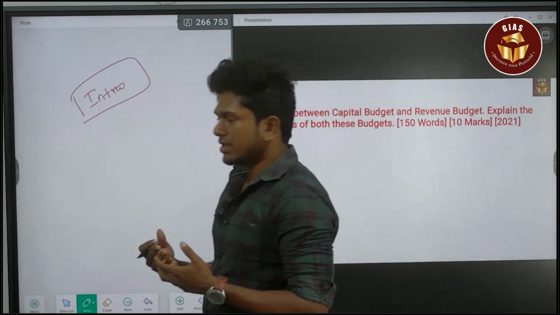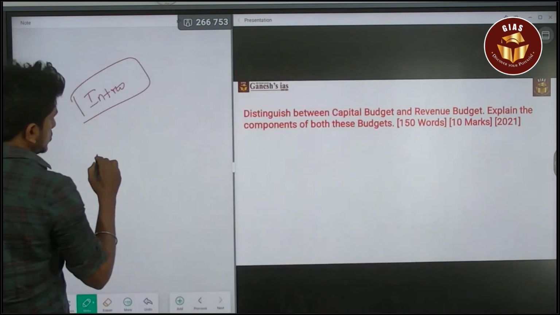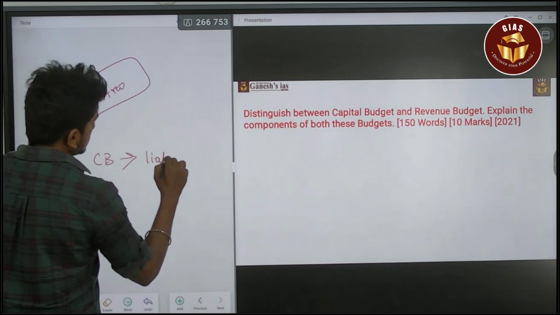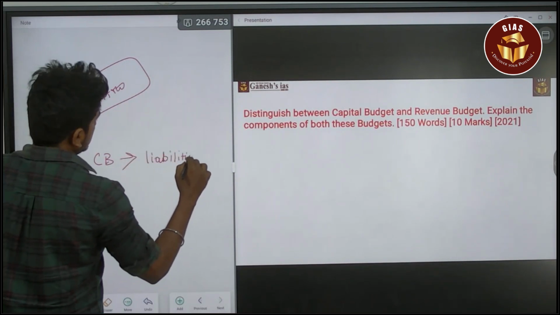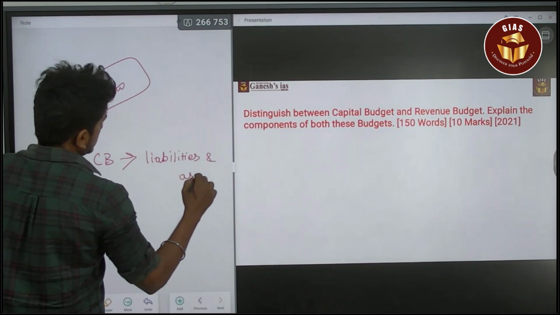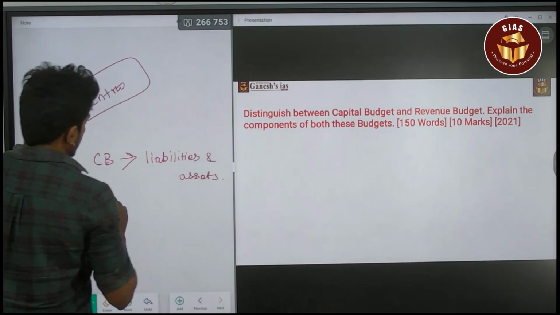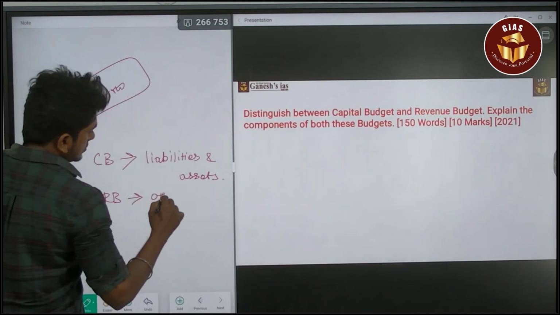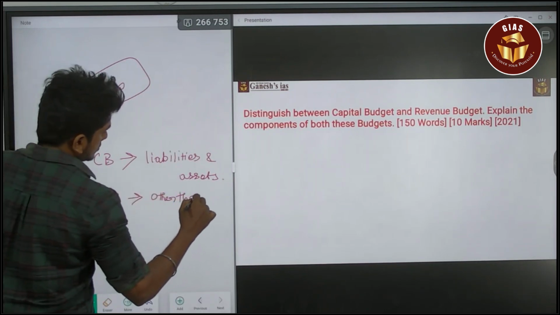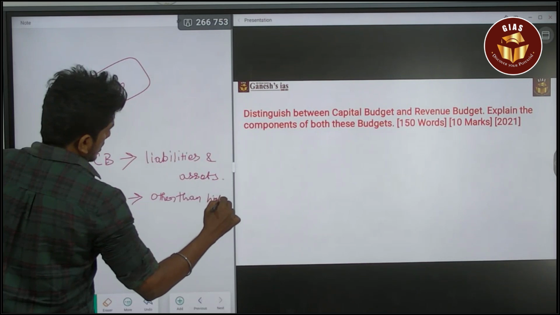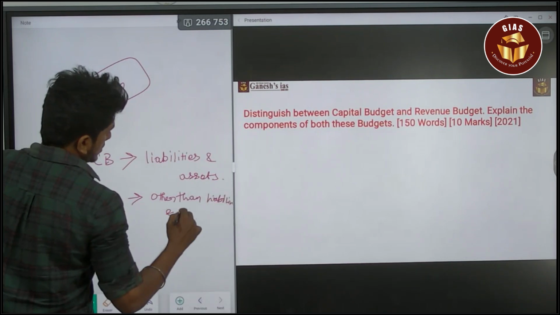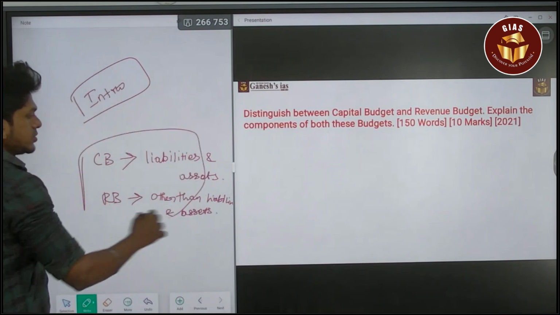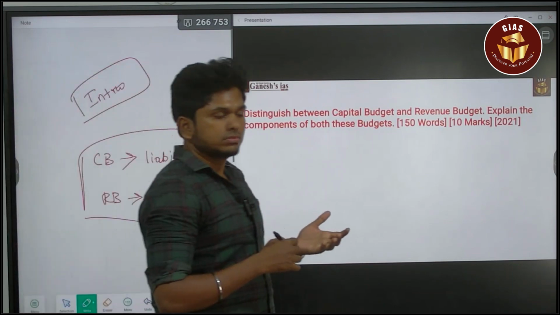For example, the capital budget is related to liabilities and assets. The revenue budget is other than liabilities and assets. This is also a simple intro you can give.